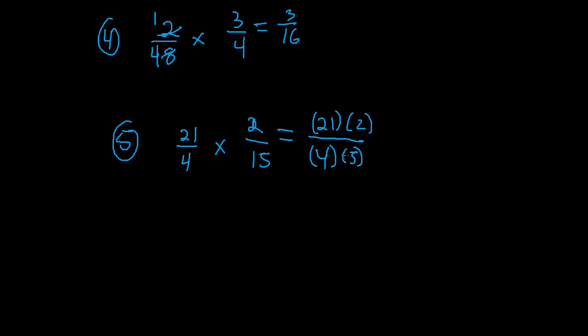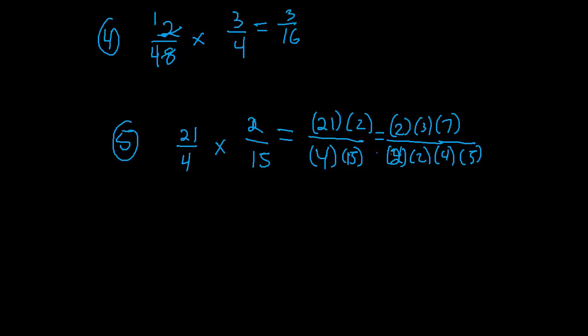And we're going to show why we divide out the GCF. How can you rewrite 21? Well, it's 3 times 7. And here is the 2, and the 15 is 3 times 5. So this is 3 times 7 times 2 over 2 times 2 times 3 times 5. Now they're written, I broke them up into prime factorization.